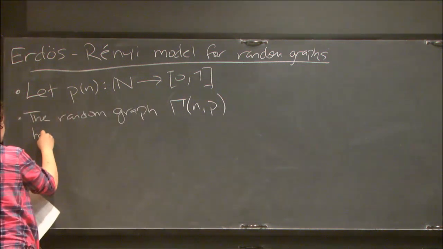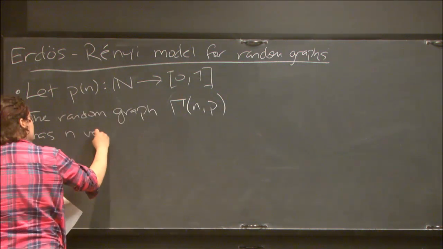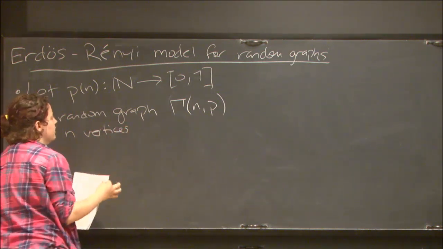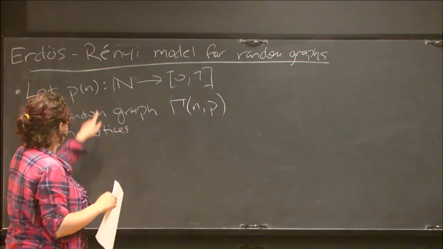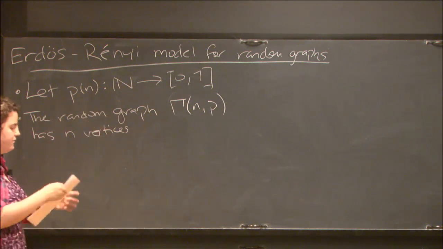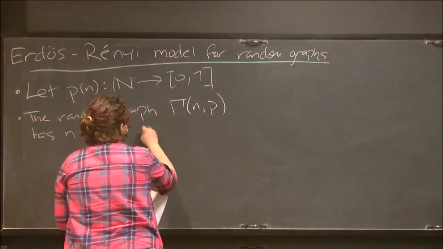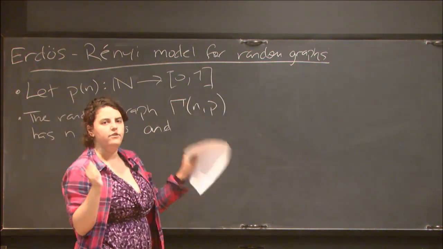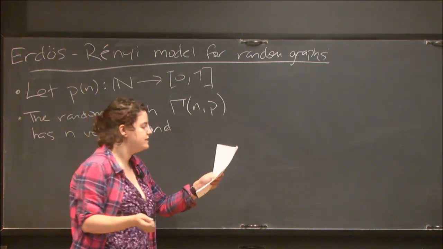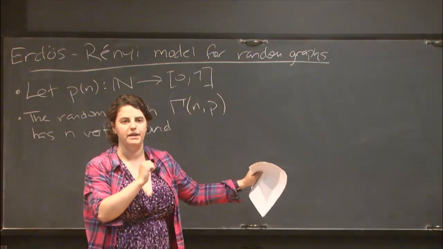So it has n vertices. n here is the number of vertices. And I'm going to look at each edge that could possibly be in this graph on n vertices, and I'm going to say that it's there with probability p.